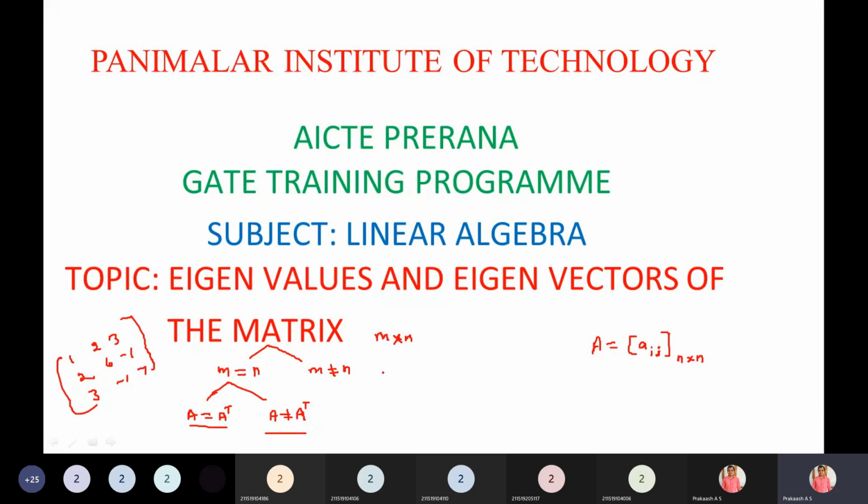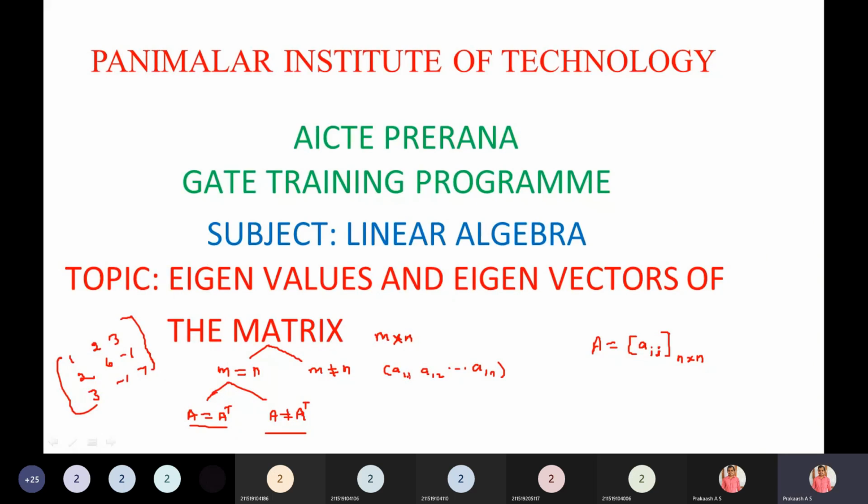The matrix having only one row is called a row matrix. A matrix having only one column is called a column matrix. Column matrix or column vector, row matrix or row vector.